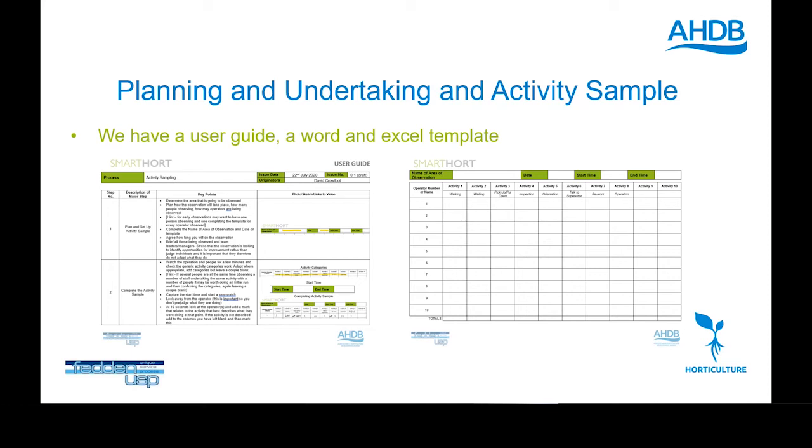And one other person controlling the timing and also capturing the detail onto the template. Sometimes it's good for the first few to do that. Once you've done a few, you should be able to observe one person by yourself. You might even be able to observe more than one person at the same time as well.